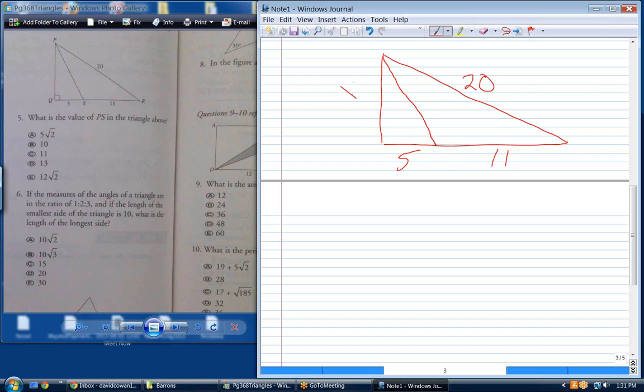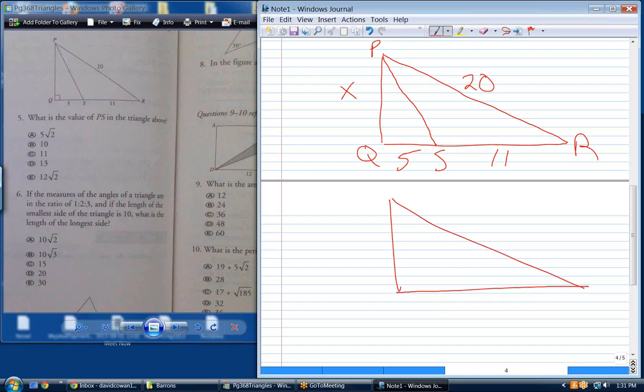In other words, we need to solve for x right there before we can solve PS. What's X equal to? Well, you don't know that. We know 20 and we know 16. What's this side right there?